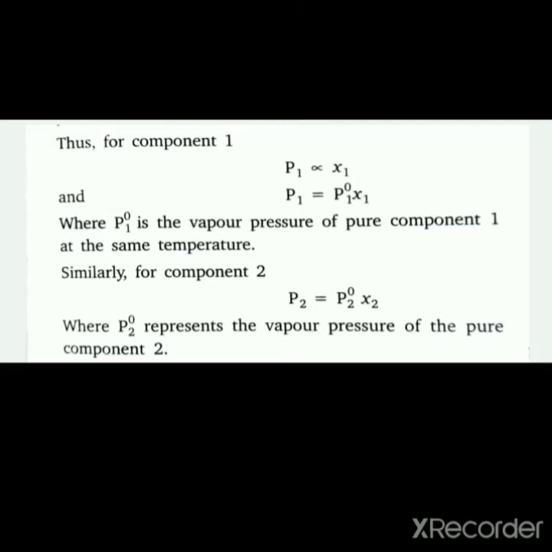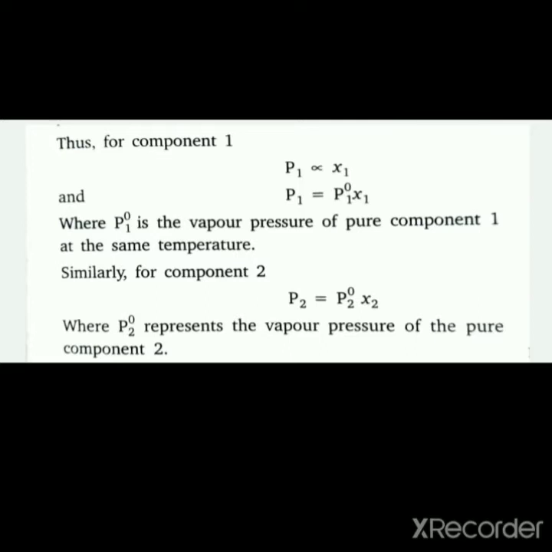Thus, for component 1, we can write P1 is directly proportional to χ1, or P1 is equal to P1⁰ χ1. Here, P1⁰ is the vapor pressure of the pure component 1. P1 is the vapor pressure of the component 1 in solution.